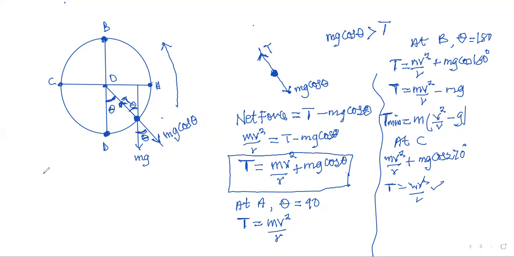Then finally at D, what is the tension, please? And at D, theta will be equal to what? At D, what's the value of theta? 360. So substitute 360 for theta, and then give me the value of the tension.